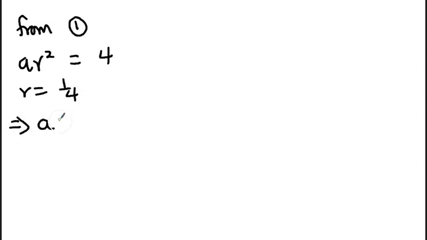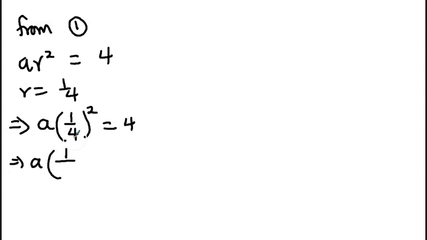From equation 1, A R squared is equal to 4. But R is equal to 1/4, which implies that A times (1/4) all raised to the power 2 is equal to 4. Then we have A multiplying 1 over 4 squared, which is 1 over 16, because 4 squared is 16 and 1 squared remains 1, is equal to 4.